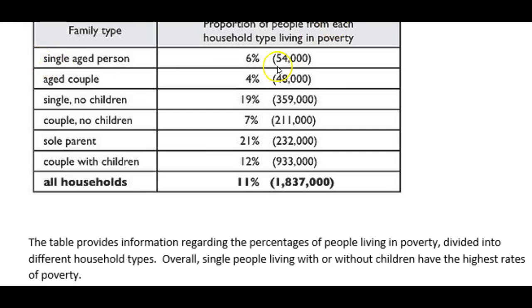Specifically, 6% of single-aged people are under the poverty line, whereas 4% of aged couples live in poverty. Okay, so if you do it like this, and you provide some of this comparison, some of this grouping, using some introductory sentences at the start of a new paragraph, then you can really give a lot more meat to your answer. Okay?